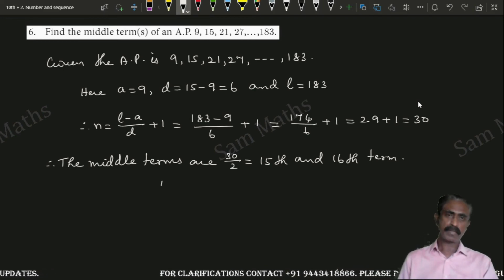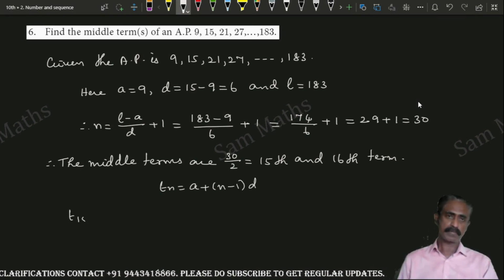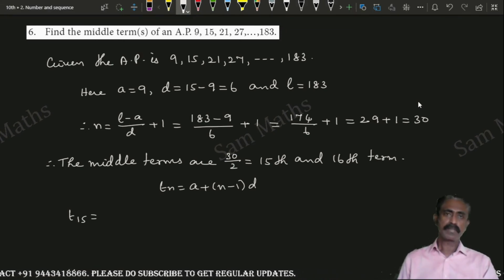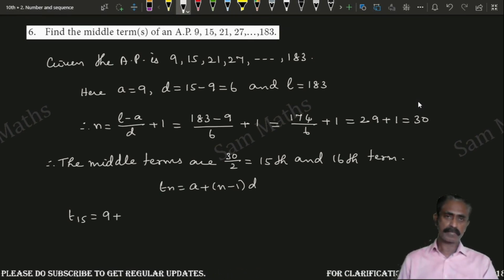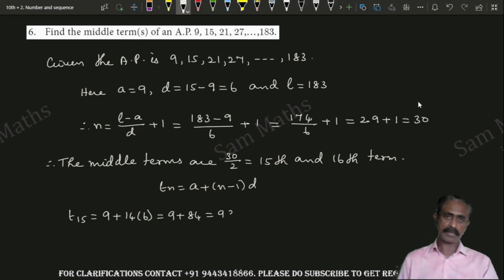You know the formula, Tn is equal to A plus n minus 1 into D. Now T15 equal to A value is 9 plus 15 minus 1, 14 into D value is 6, which is equal to 9 plus 84, which is equal to 93.